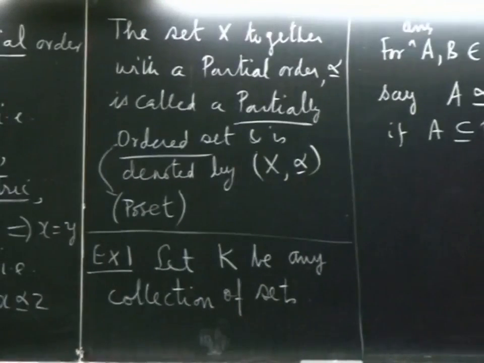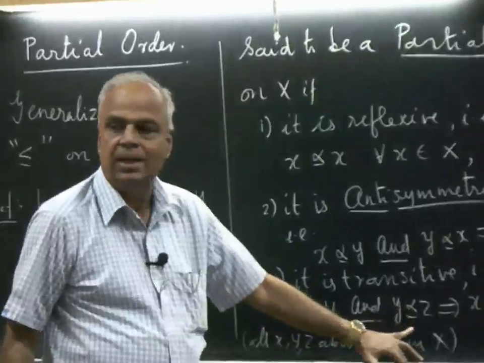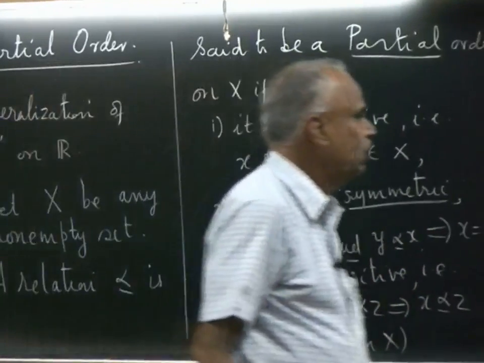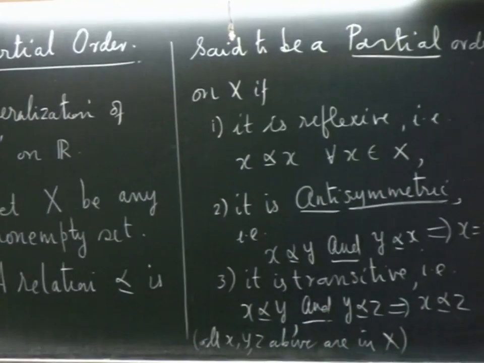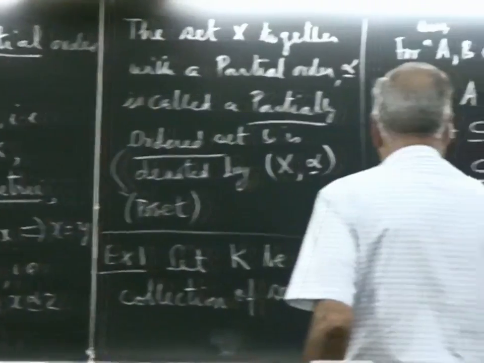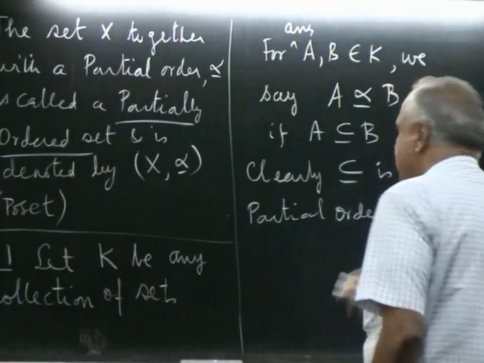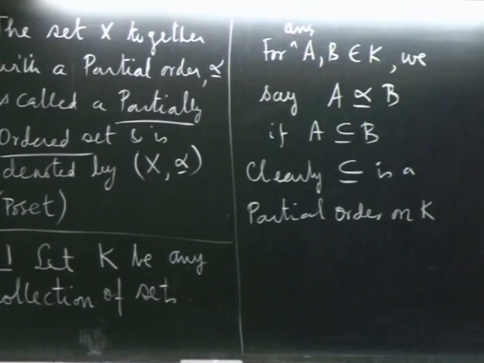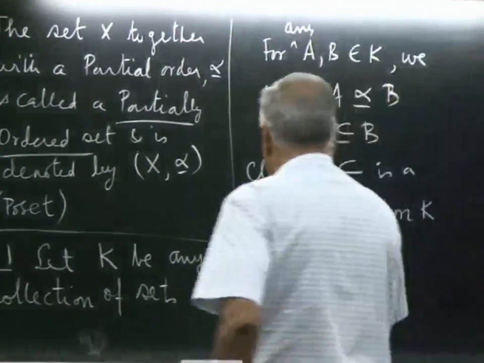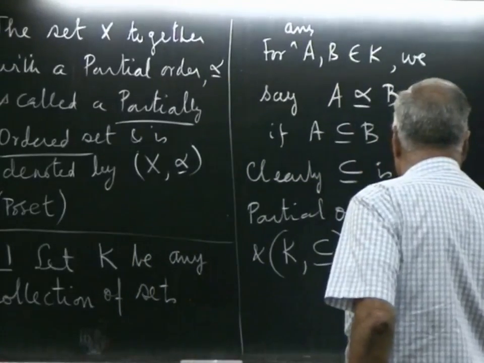If A is contained in B and B is contained in A, then A equals B. If A is contained in B and B is contained in C, then A is contained in C. So clearly this is a partial order on K. So on any collection of sets, subset or equal to is a partial order, okay, and K with this partial order is a poset.